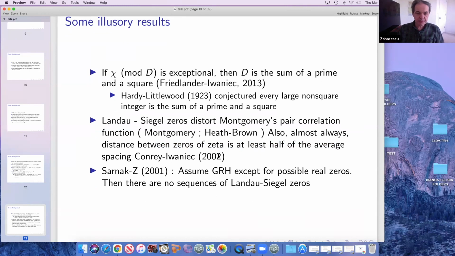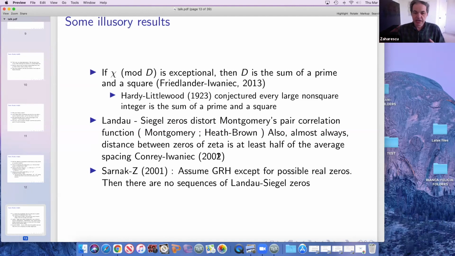Let me also briefly mention this result by Peter and myself from 2000 or 2001. This is done under a certain hypothesis that we call hypothesis H, which is that we allow L-functions in general, in particular Dirichlet L-functions, to not satisfy GRH, but only because they have real zeros.